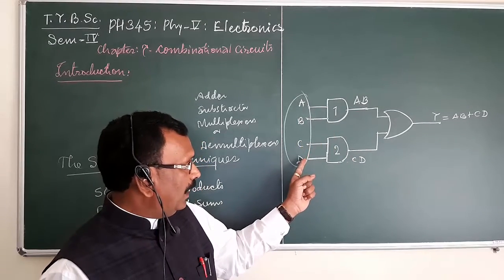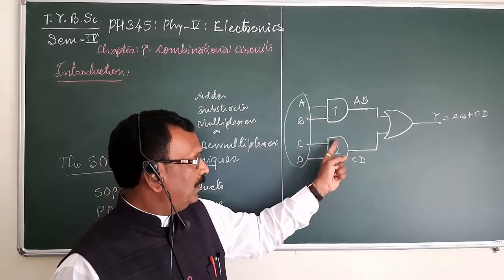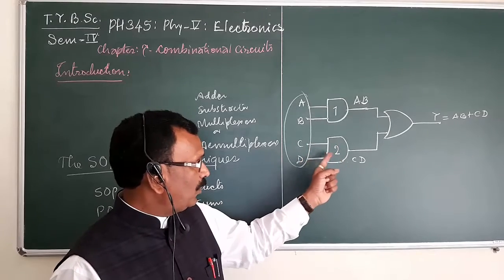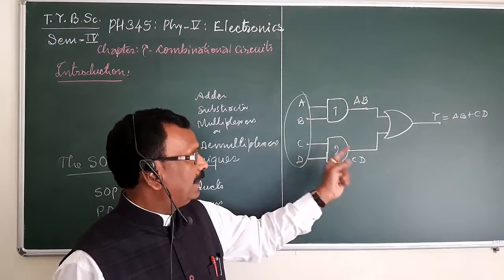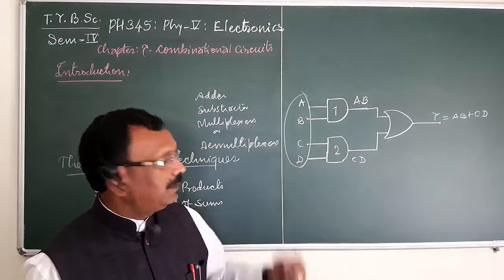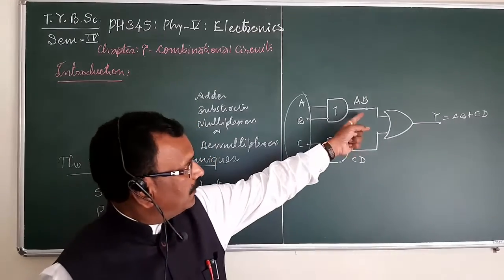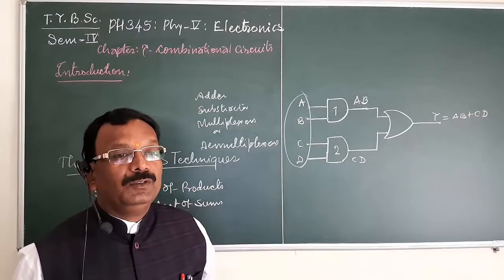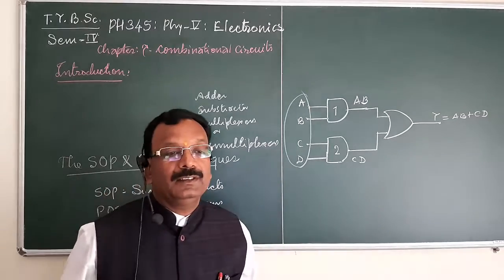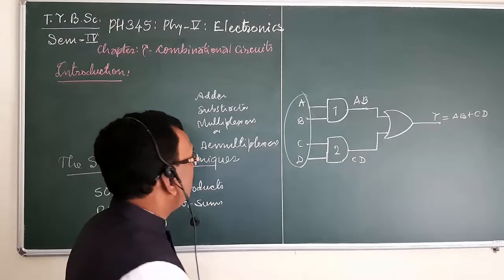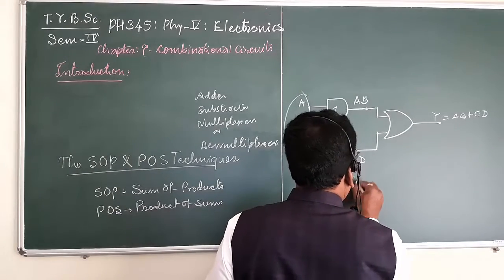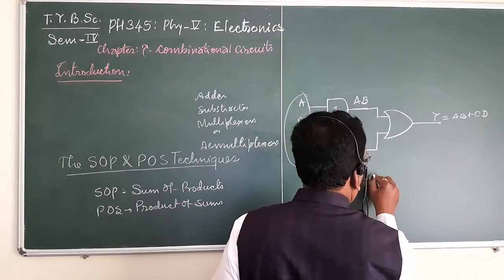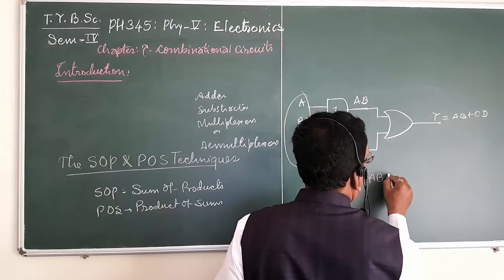C and D are the inputs of the second AND gate, and CD is its output. When these outputs are added using an OR gate, we have the output like this. Suppose this is equation 1: Y is the Boolean expression AB plus CD.